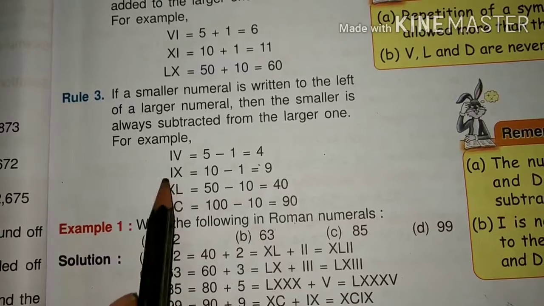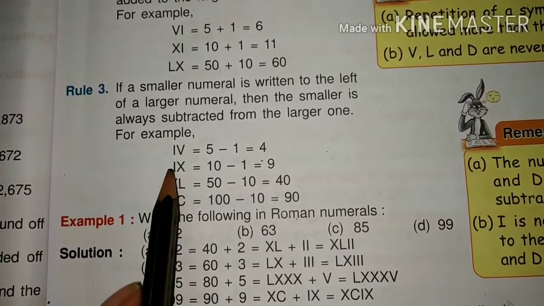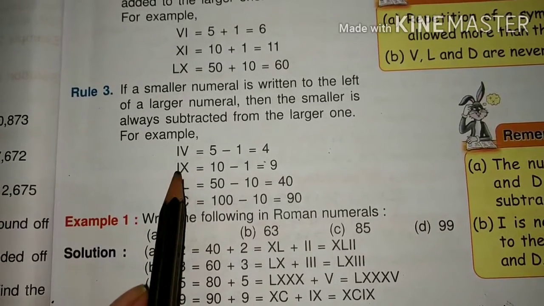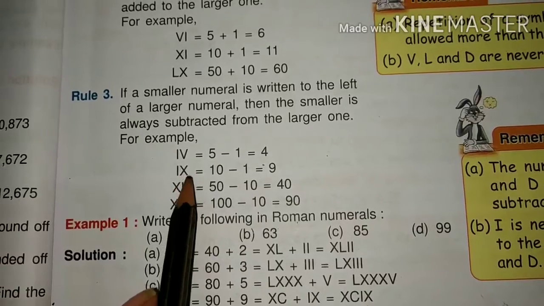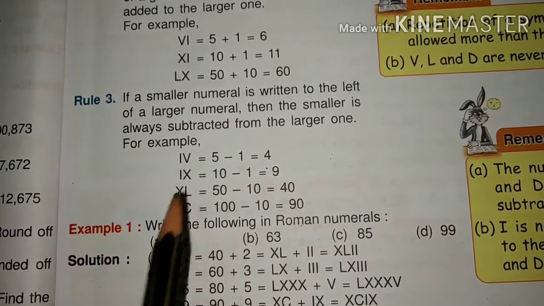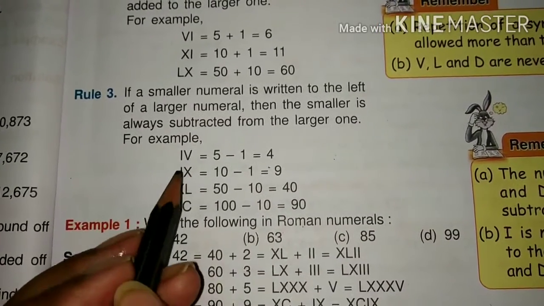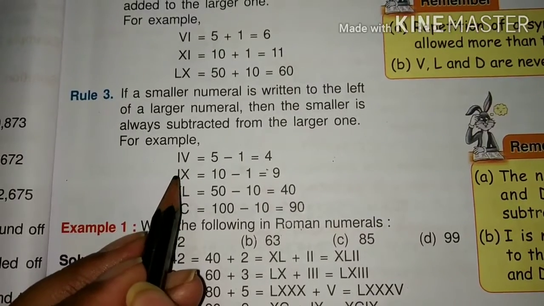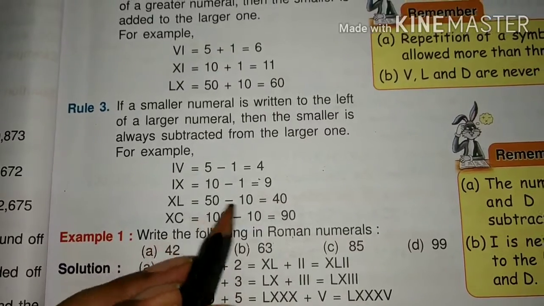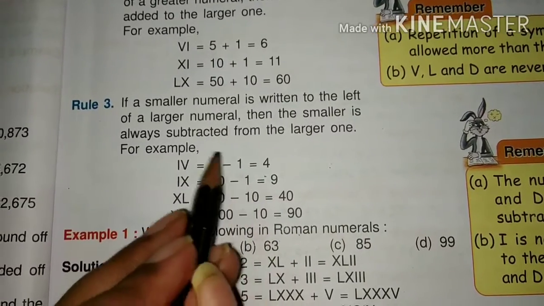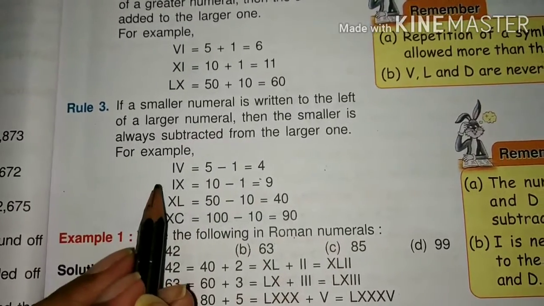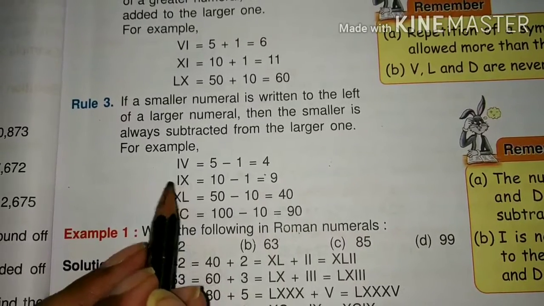Students, you can see that here smaller symbol, that is I, is written on the left side of the larger symbol, that is X. So I will be subtracted from X. Students, value of I is 1 and value of X is 10. So 1 is subtracted from 10. So 10 minus 1 is 9. So students, value of IX is 9.